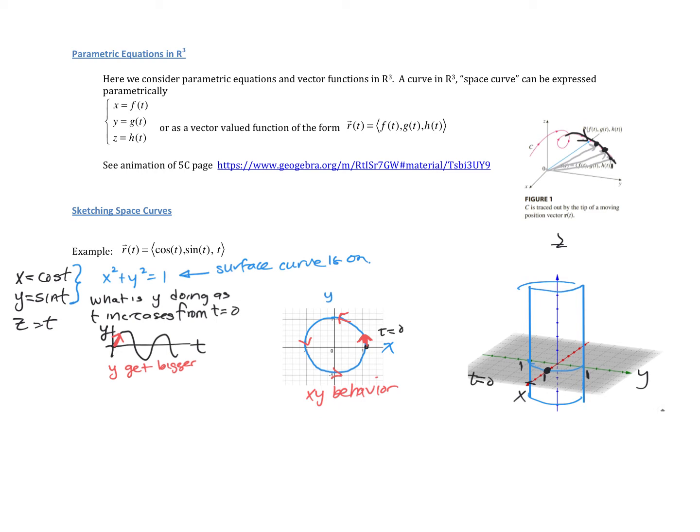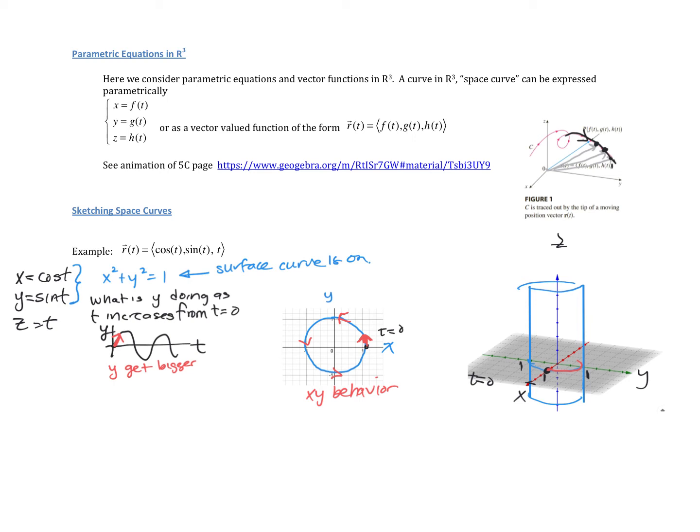And what I know just about the xy behavior, so I'm not bringing z into this yet, is that it goes from the positive x-axis to the positive y-axis and around. What that means to me in this picture is we're going to be going around this cylinder like this, and around and around and around.